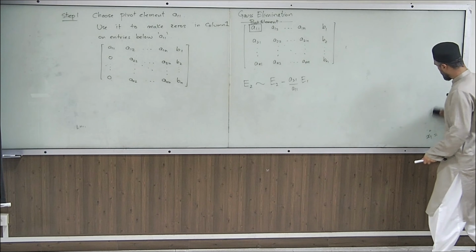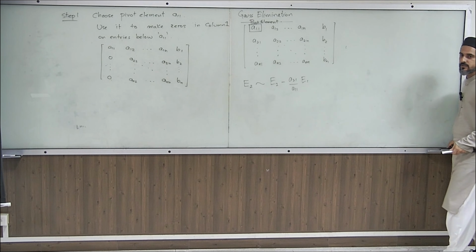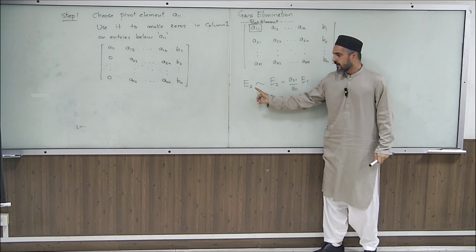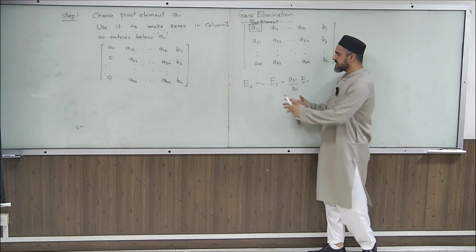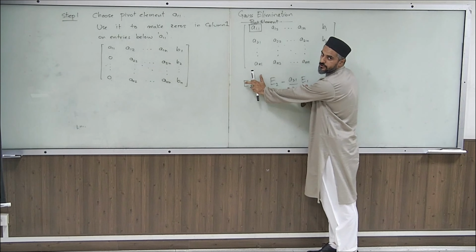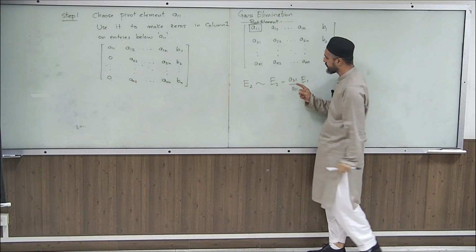So now I am in the algorithm of Gauss elimination. I'm saying that this is the operation that you have to perform. So this will be the updated E2. Equation number 2 will be in updated form. So we are going to multiply with some scalar, which is A21 over A11, and we have to multiply this with equation number 1, and then subtract it from equation number 2.